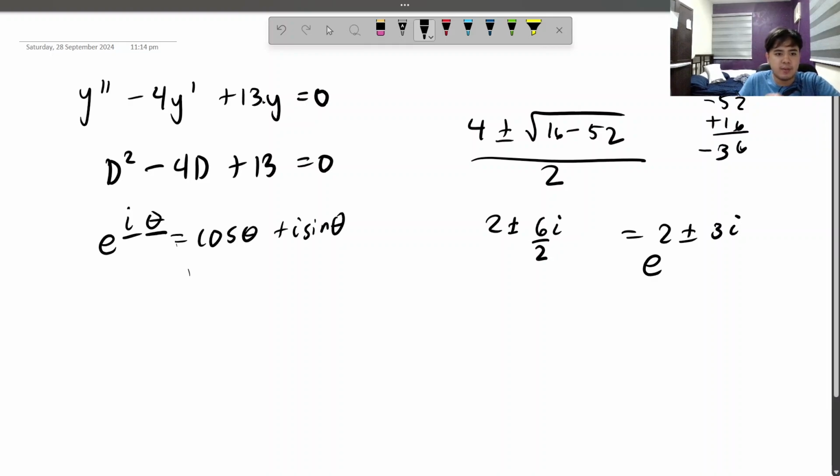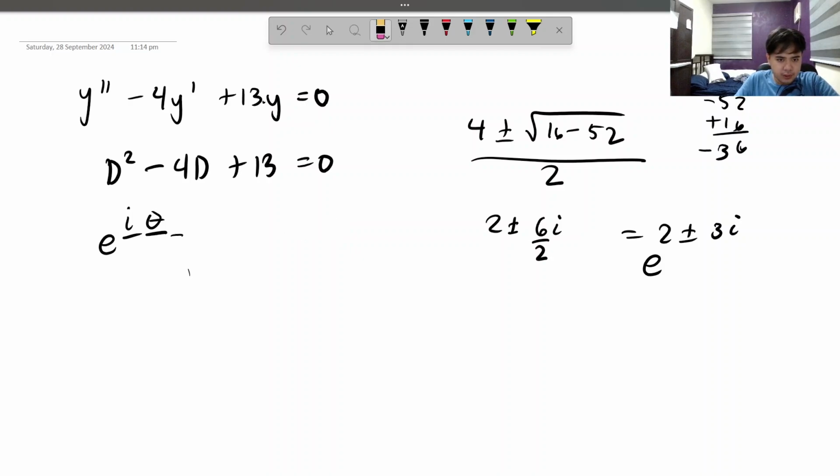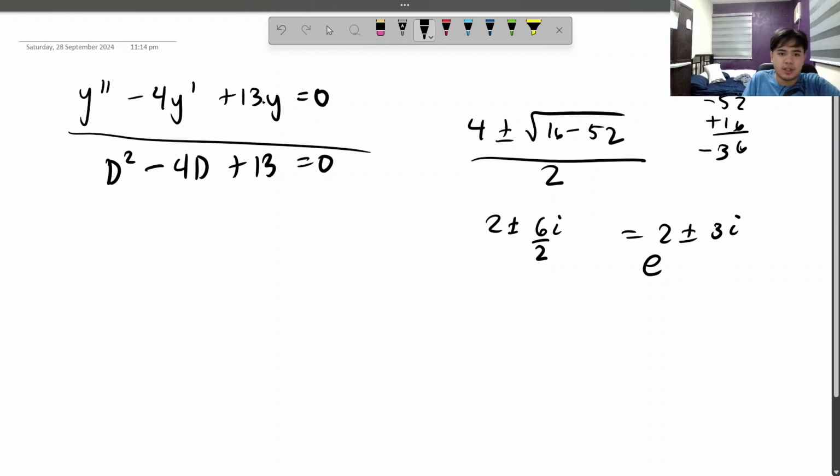Remember, e raised to an imaginary number has cosine and i sine baked in its DNA. So how are we supposed to take care of this? Well, usually an equation like this, it will take the form 2 plus or minus 3i. That usually is the case for something like this.